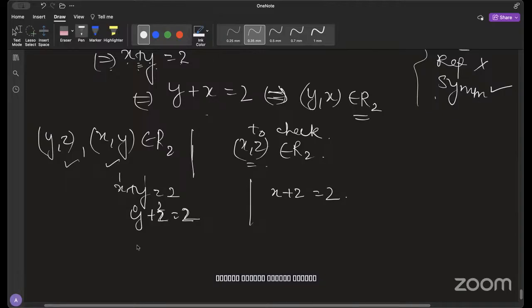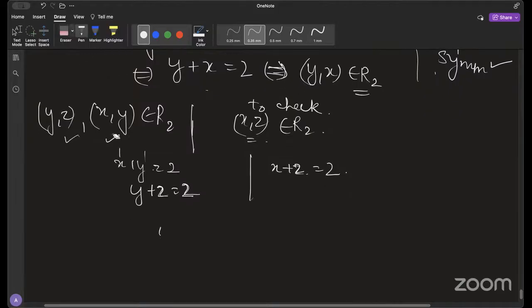So take x to be 1, y to be 1, and let's just replace y from here.